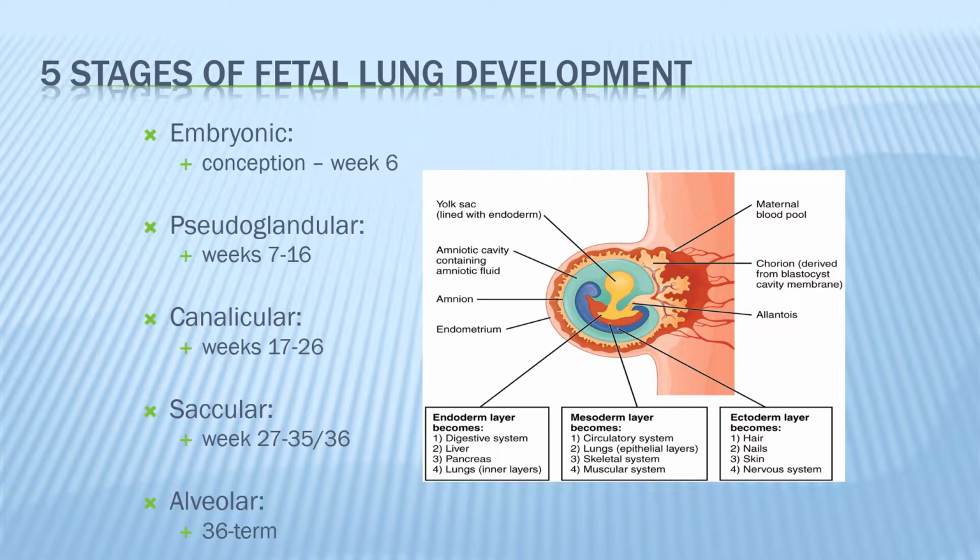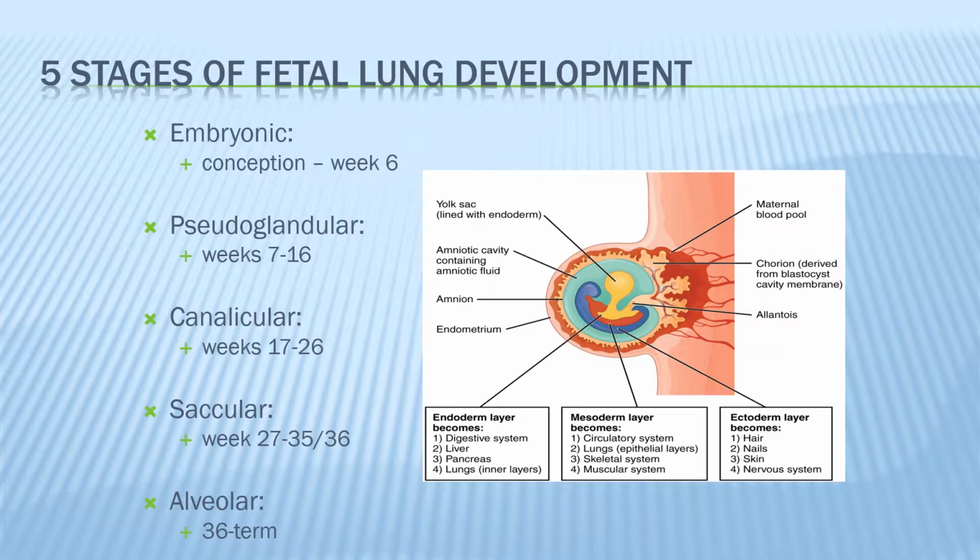Around weeks 22-23, we have the type 1 cells and type 2 cells present. At this time, immature surfactant is being produced. The chemical is PC, and that stands for phosphatidylcholine. That is just one of the components of surfactant. So although surfactant starts being produced at this time, it is immature.